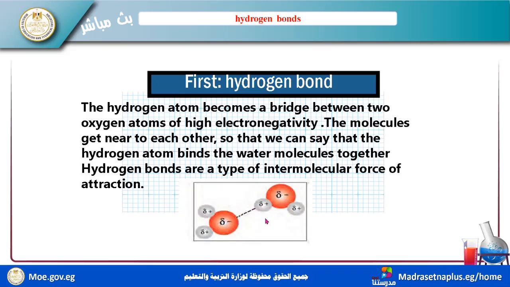The molecules get near to each other, so we can say that the hydrogen atoms bind the water molecules together. Hydrogen bonds are a type of intermolecular force of attraction. Now, this is an intermolecular force, and I call it a hydrogen bond.